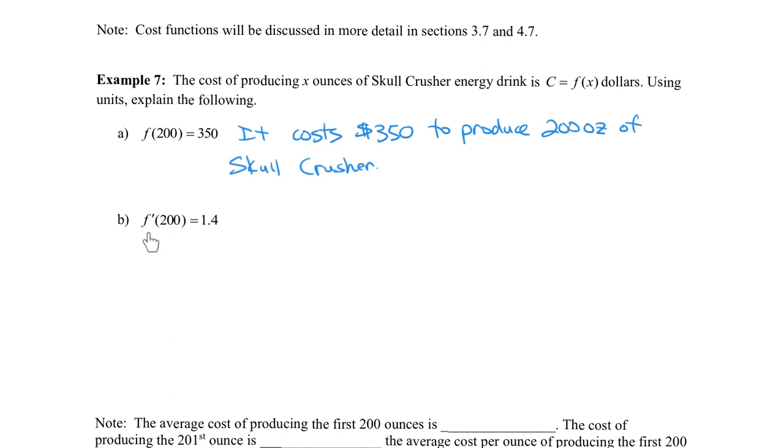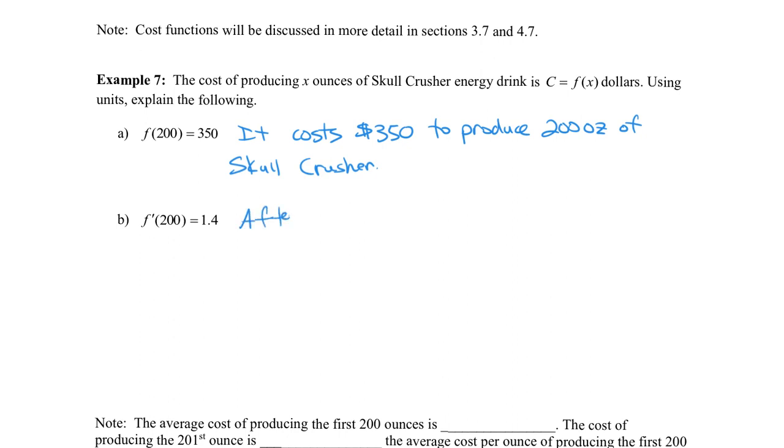So basically this is saying we've made 200 ounces of Skull Crusher, and at this point the cost is changing by $1.40 per ounce. Right, so we're taking a derivative, but we're assuming it holds steady for 1 unit. So I'm going to say this a couple of ways.